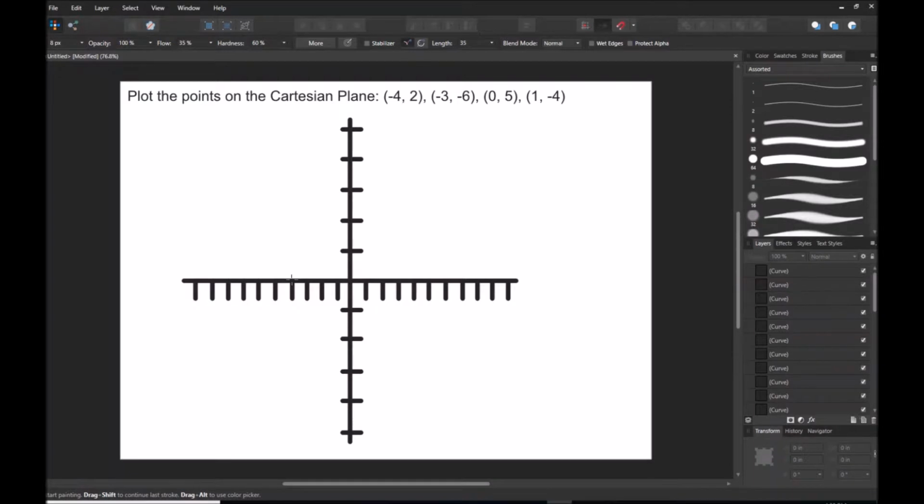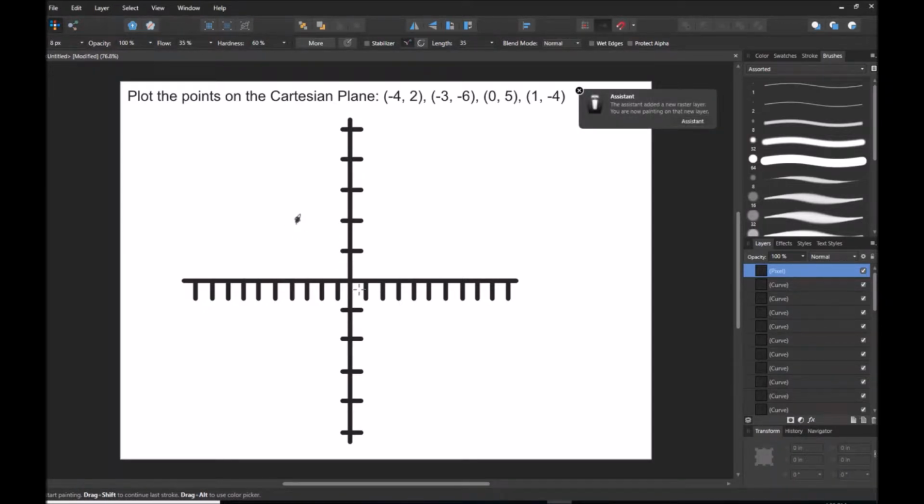So because this is a positive y value, we count 2 spaces above the origin, and each of these pegs, by the way, represents 1 point on either the x or the y value. So we go up 2 spaces to here, and we make our little point there, and that's -4, 2.